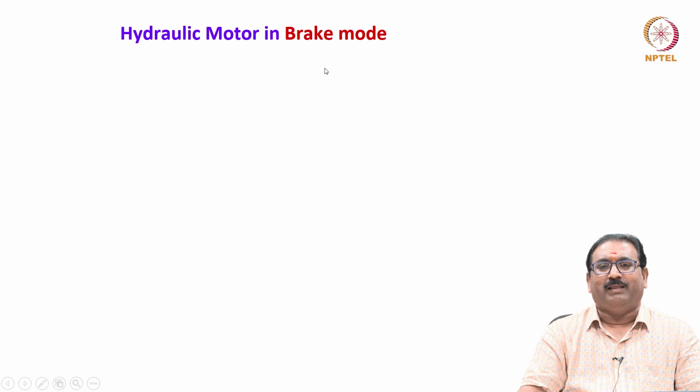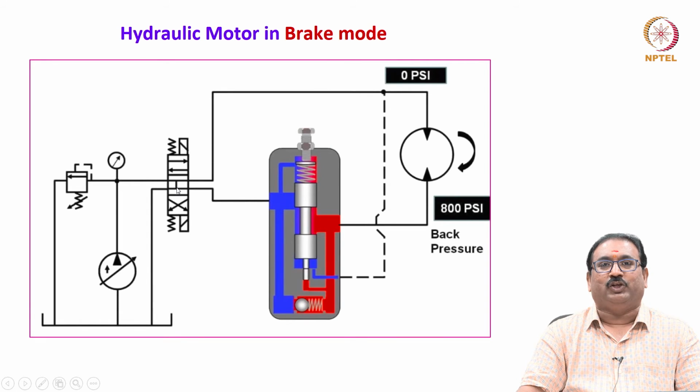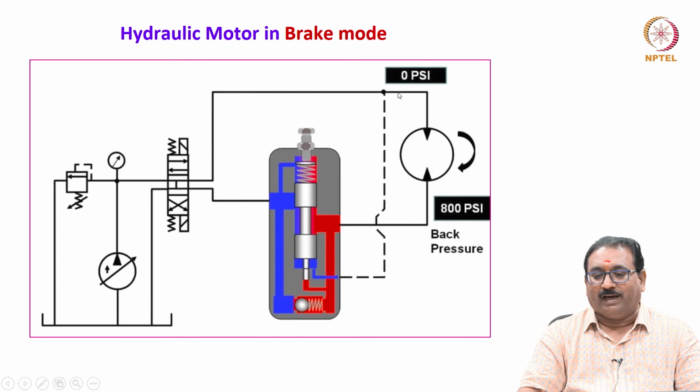But in brake mode, when it shifts to the center position, it is an open center, so whatever oil is there will go to the tank, meaning you will get zero pressure here. Correct? When zero pressure is there, what happens? Again this will push back.